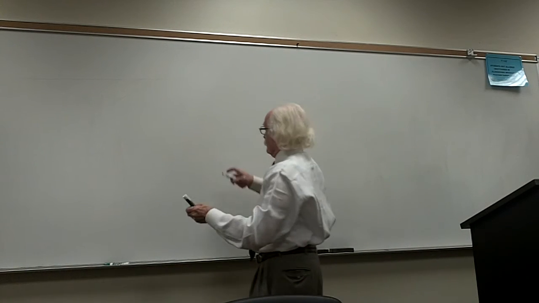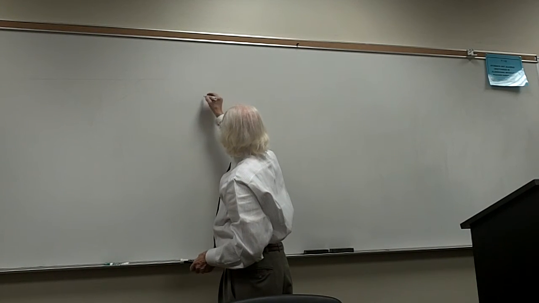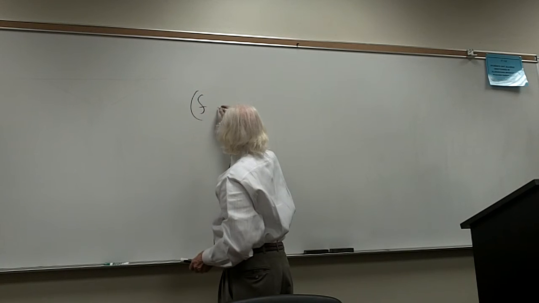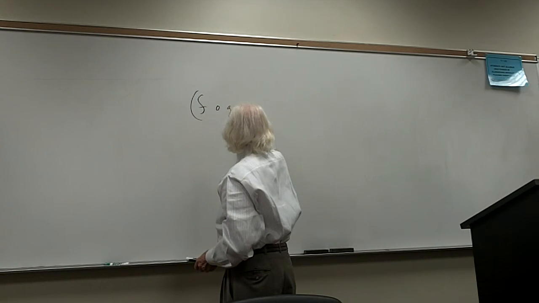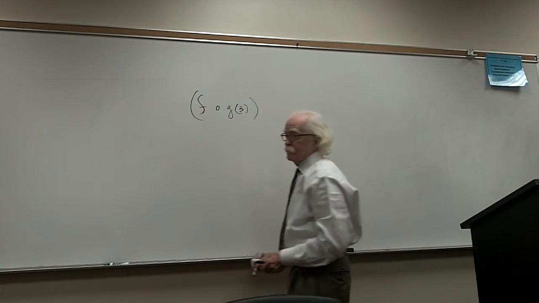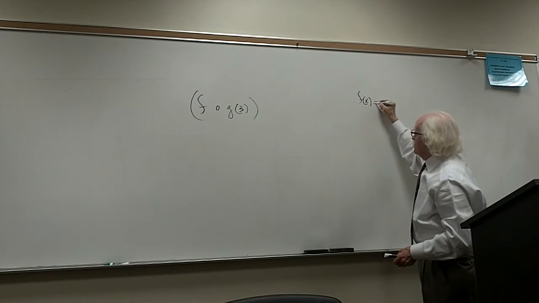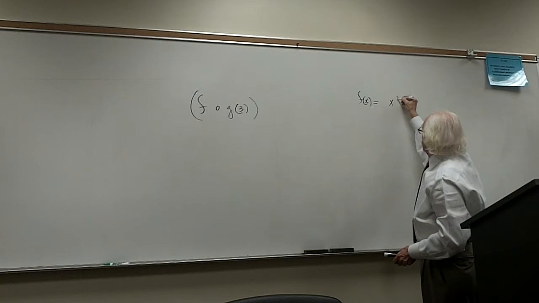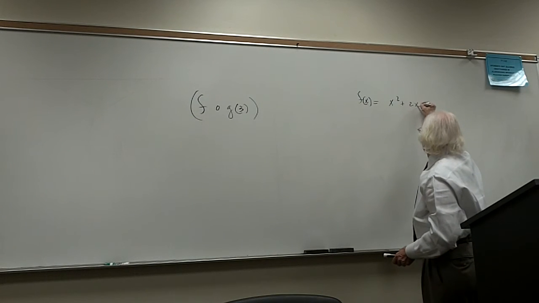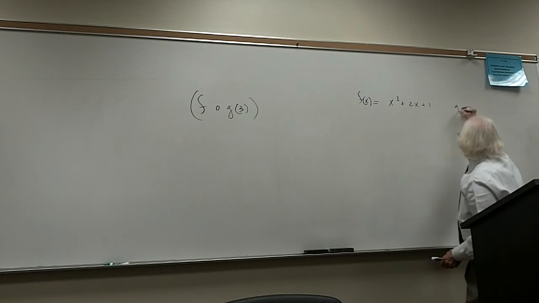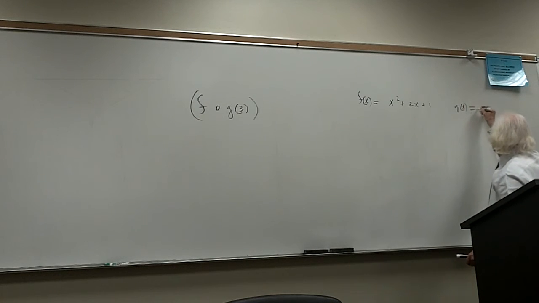Sometimes you may see it written like this. And that's what you've been given. F of x is equal to x squared plus 2x plus 1. And g sub x is equal to what?